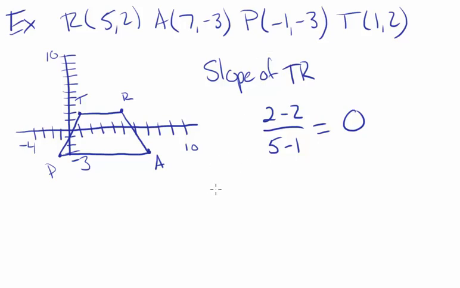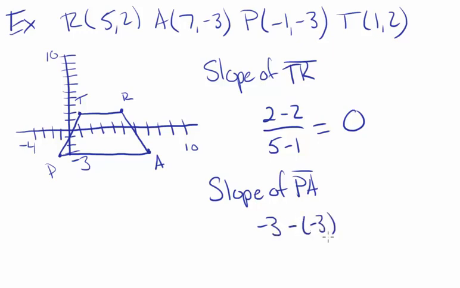Now let's check out the slope of PA. We are going to have negative 3 minus a negative 3 over 7 minus a negative 1.